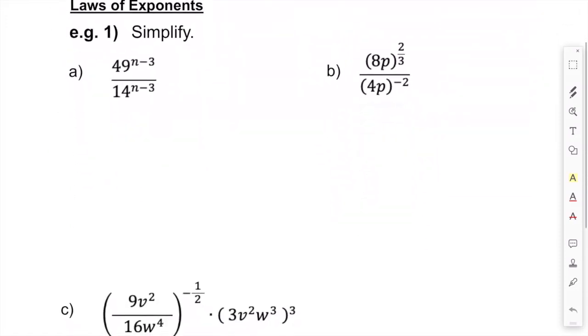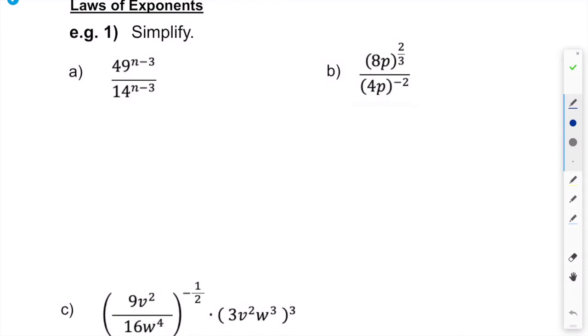So here we go. Simplify 49 to the power of n minus 3 over 14 to the power of n minus 3. We notice how 49 and 14 share something in common, but according to order of operations, we cannot just reduce 49 and 14 right away by the way they're written in the question.